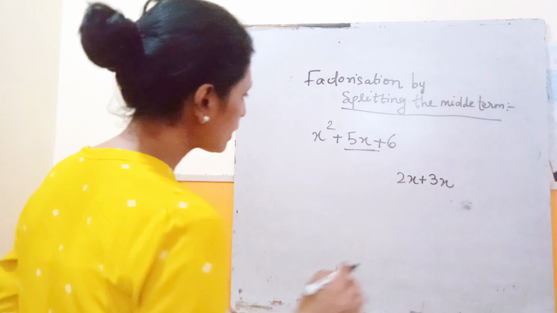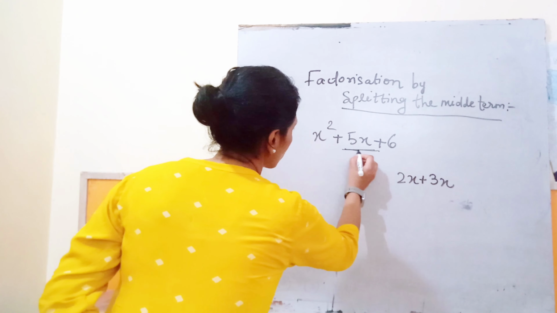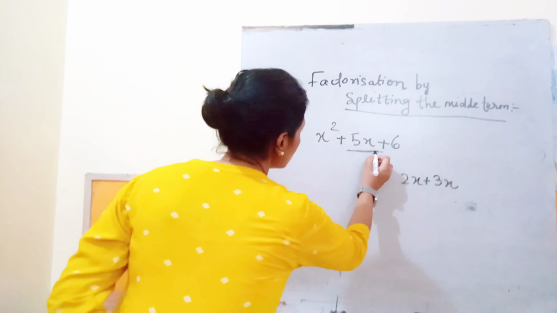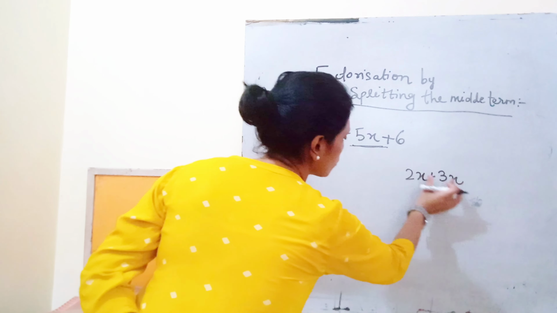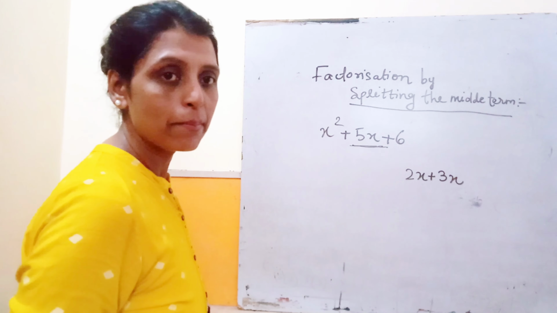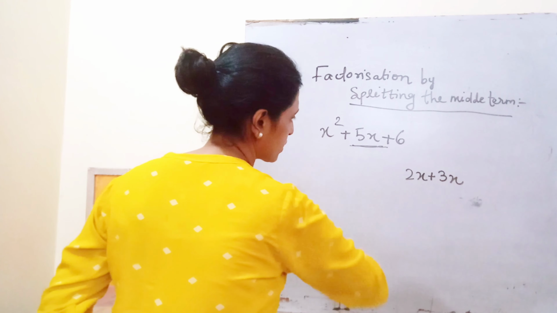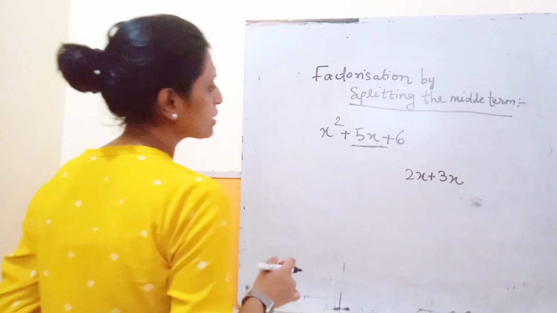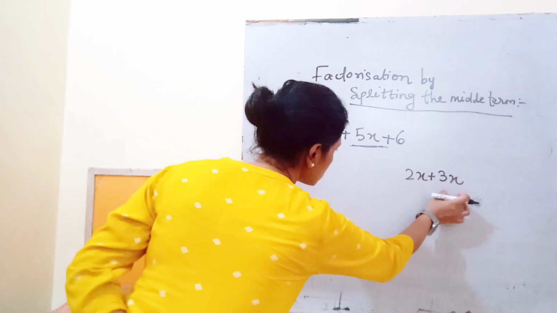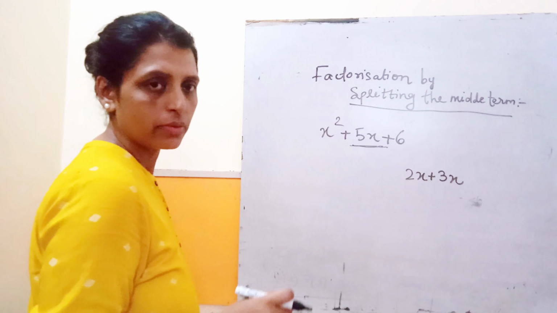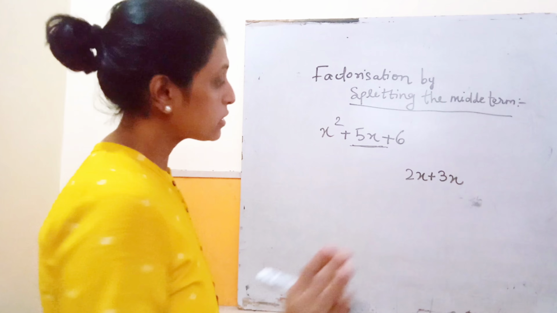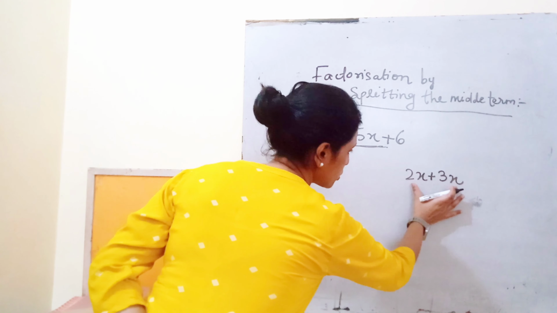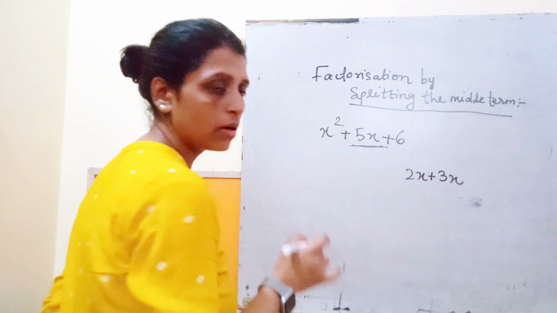We are going to see which two terms we should take so that we can get this middle term, 5x. So 5x can be written as 2x plus 3x. We just have to take such terms so that we can get this middle term.